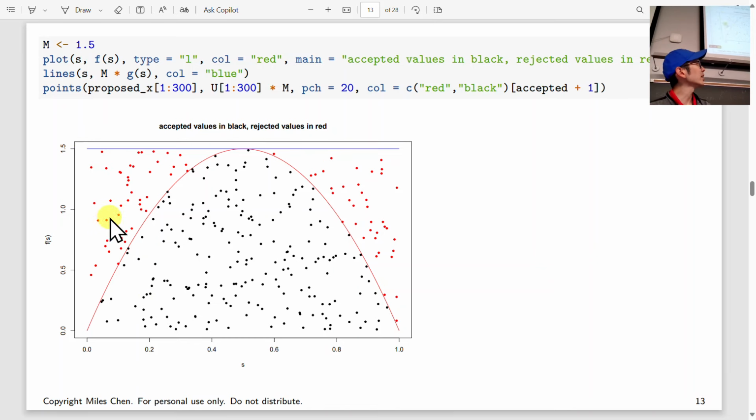If that u is greater than f of x divided by m times g of x, then it's going to end up in here, and I colored those dots red to indicate that these ones got rejected. When it ends up below the curve, I colored those dots black to indicate that they got accepted. So you can see some of the values get thrown away, and what we end up keeping will follow the desired distribution.